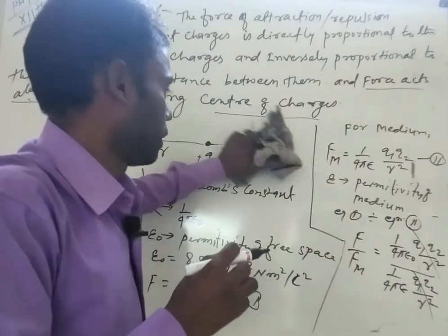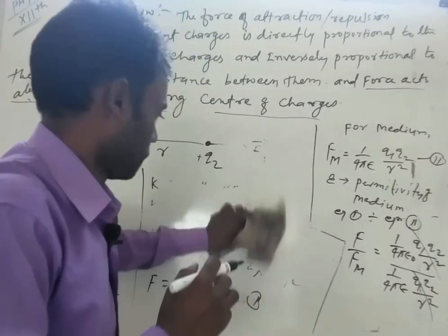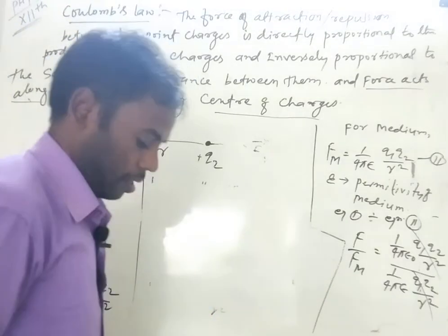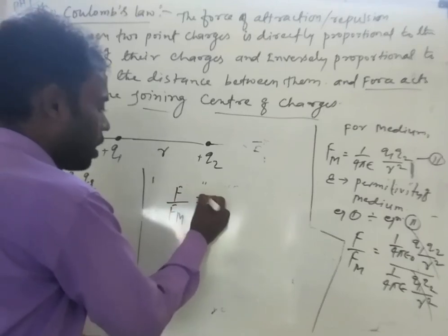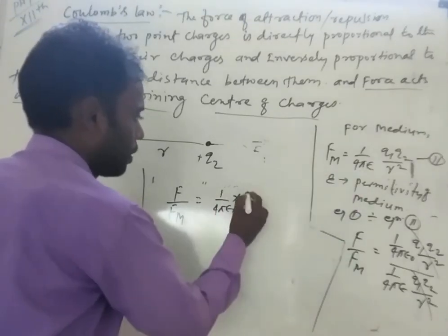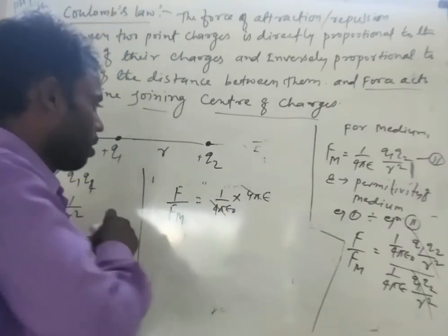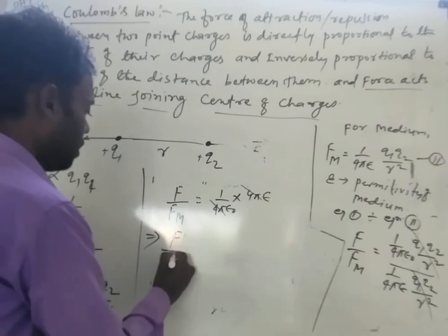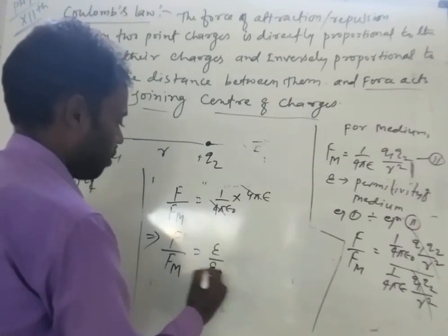After that, F divided by F medium equals 1 by 4 pi epsilon naught multiplied by 4 pi epsilon. The 4 pi also cancels out. Then force divided by force in medium is epsilon by epsilon naught.